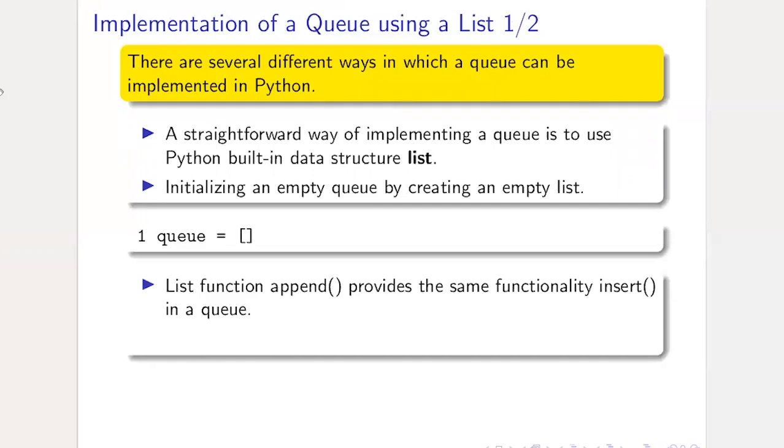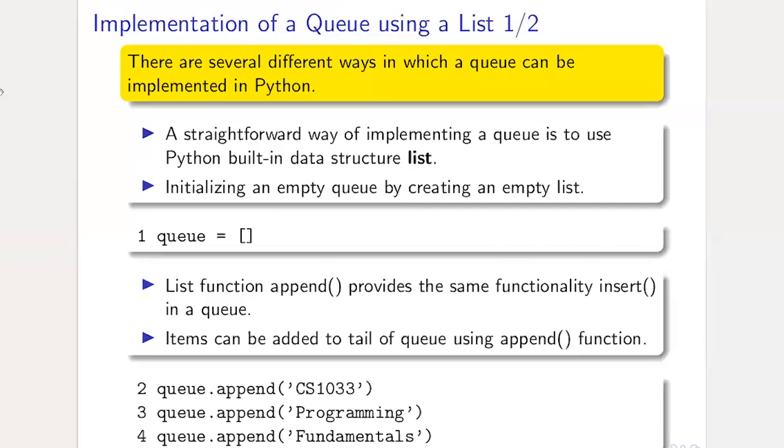And we can use the append function for the insert, and that way items are added to the tail of the queue. Mind you, just like in the stack, we are not doing any kind of error handling here, especially because in Python a list is a dynamically managed data structure.